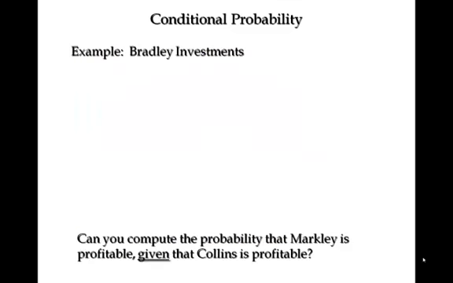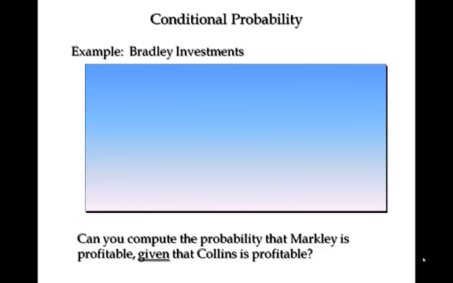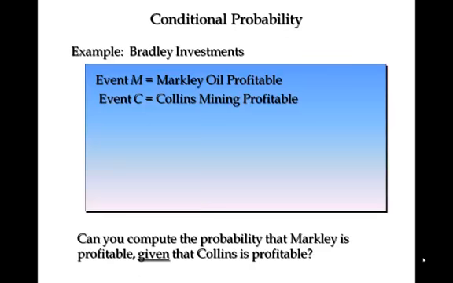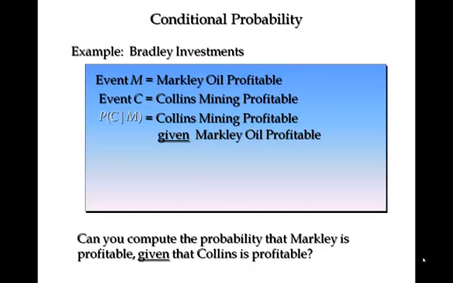Look at Bradley again. What is the probability that Collins will be profitable given that Markley is profitable? We know that the probability that Markley and Collins are both profitable equals 36%.